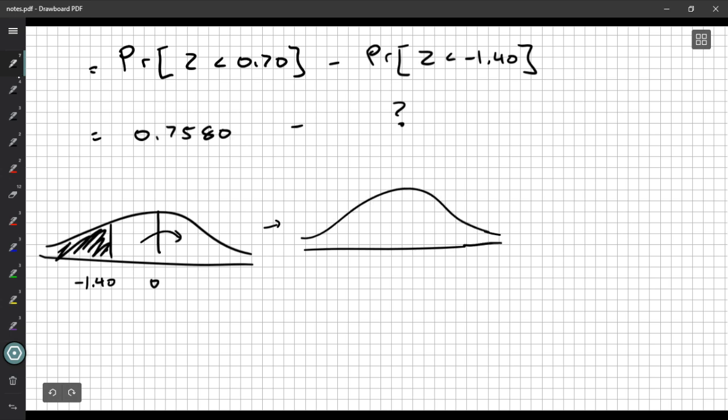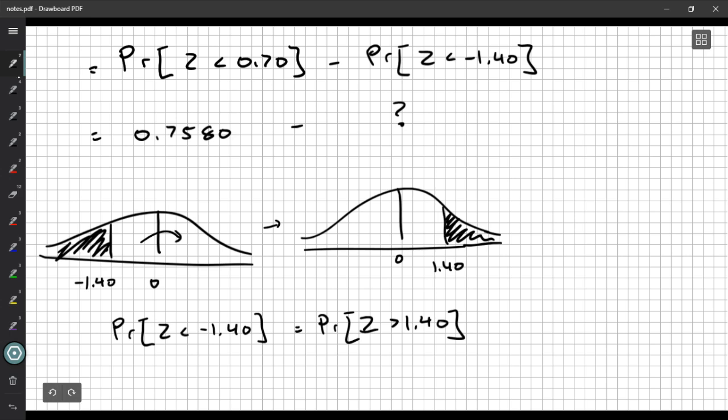So we get the same area, but now it's shaded on the right, because it flips from being on the left. And our z-score is now positive. It's 1.40. Okay, so the probability that z is less than negative 1.40 is the same as the probability that z gives us a value greater than positive 1.40.